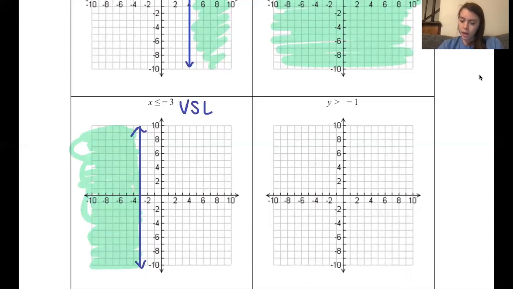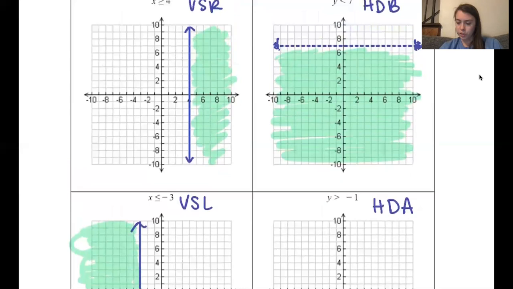Okay, over here, I have a horizontal line that is dotted because it's a greater than sign, and it's going to be shaded above. So it's not always going to happen where x is equal to and y is not. That's not how it works, but it just happens that these 4 examples kind of show that.